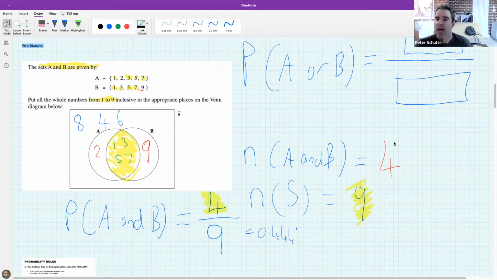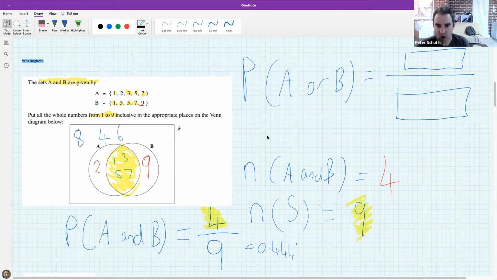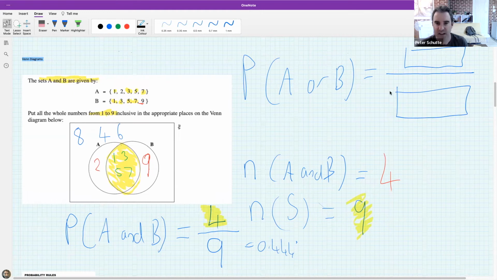Okay. So using that same logic, when we say or, that is the same as the union of the 2 sets. So or is going to be this region. It can be in A or B or in both.